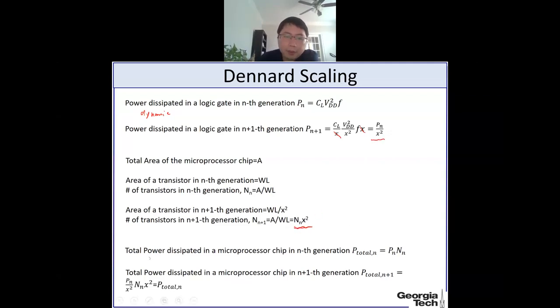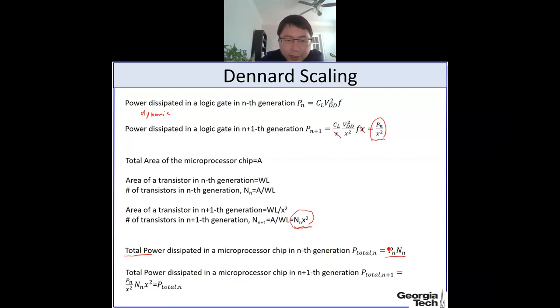So the total power on the chip will be the same, because if you use the power per circuit multiplied by how many circuits you have on the chip, then you get the total power. So the total power on the chip will be the same.